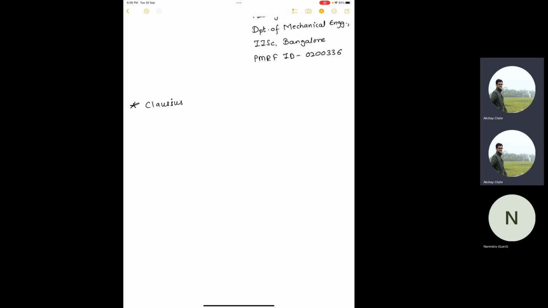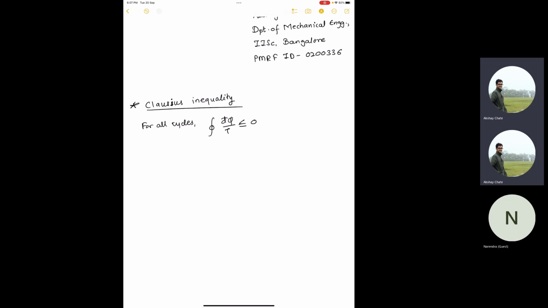Clausius inequality. It is basically for all cycles or cyclic processes, the cyclic integral of the inexact differential of del q by T is less than or equal to 0.